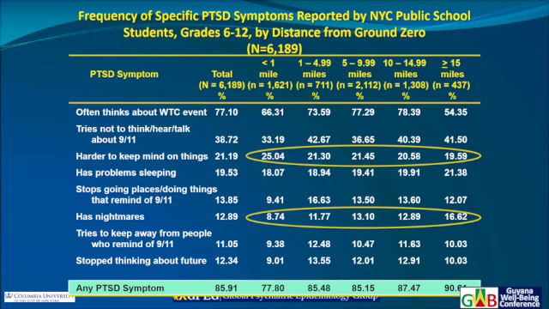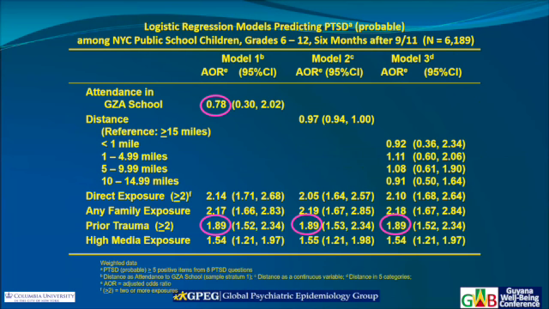The further you got away, the higher the response rate was. In fact, for any PTSD symptom, it went slightly higher. Some of them went up and down; some started high, went down, and some went back up high. There was a very different pattern, and even when we combined it together, we still didn't see a pattern.